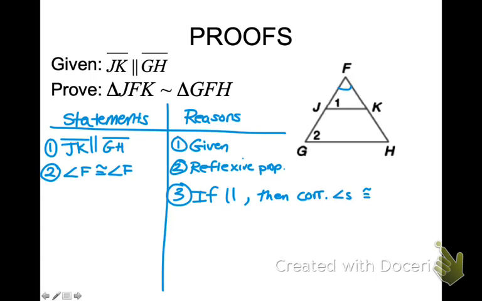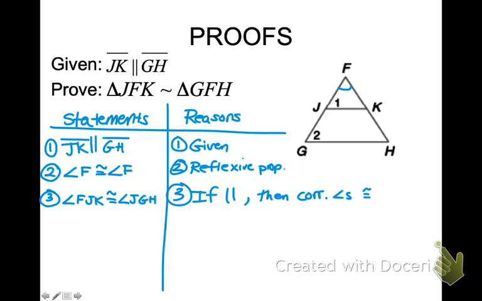So now let's actually name them with the letters. How would you name angle 1 with 3 letters? I like that. Angle FJK is congruent to, and then angle 2 would be what? That works. FGH. Now, do we have two sets of congruent angles?